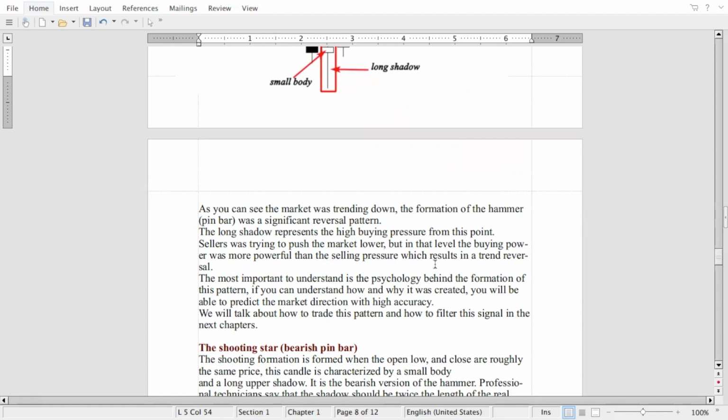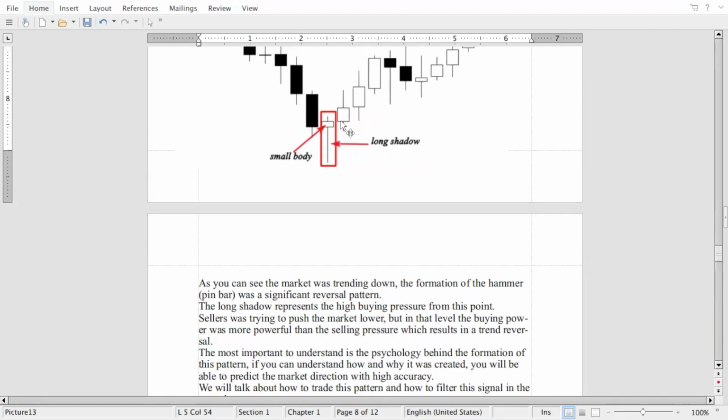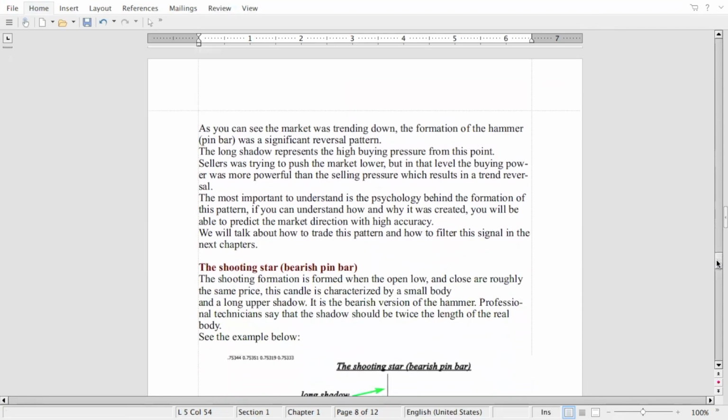The sellers were trying to push the price down, and then they met the buyers with high pressure, and this candle forms. Automatically, we are going up. And when we go up, it's your time to take your trade.